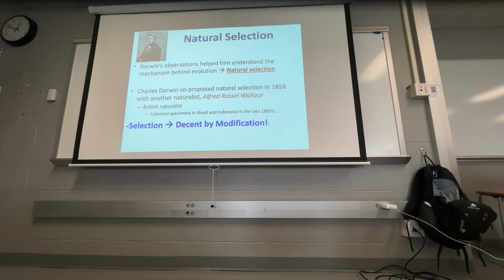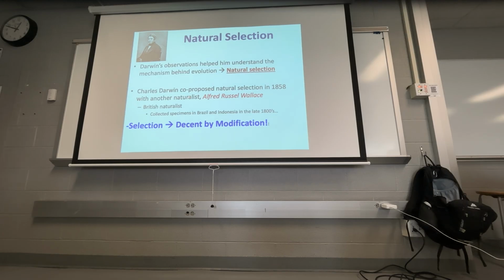He was sitting on this mechanism, on this data, for a long period of time before he actually published it, because Wallace forces him to actually publish it, right? Somebody else figured out something I already know, I better publish it. These two are credited for the process of natural selection. They actually co-authored a short communication, what they called an essay back then, in late 1858, that was presented to the scientific community of England.